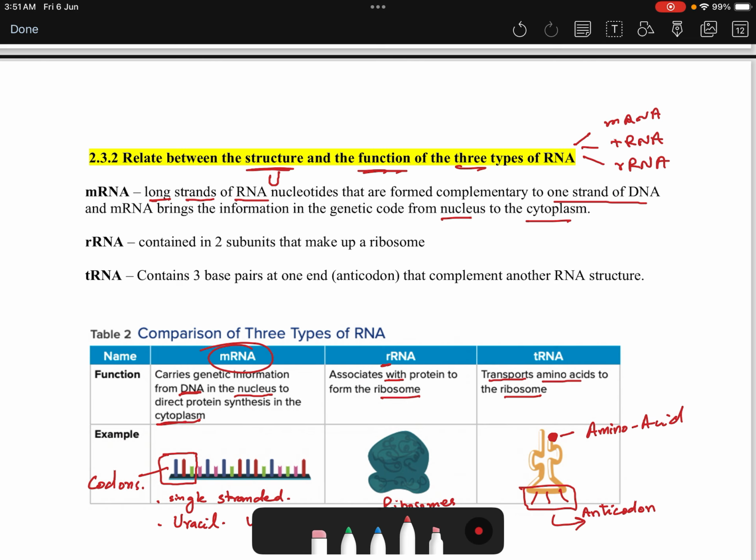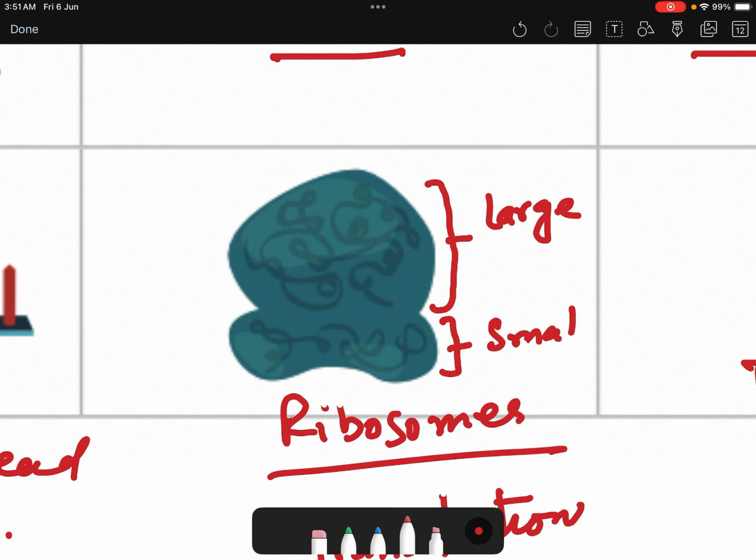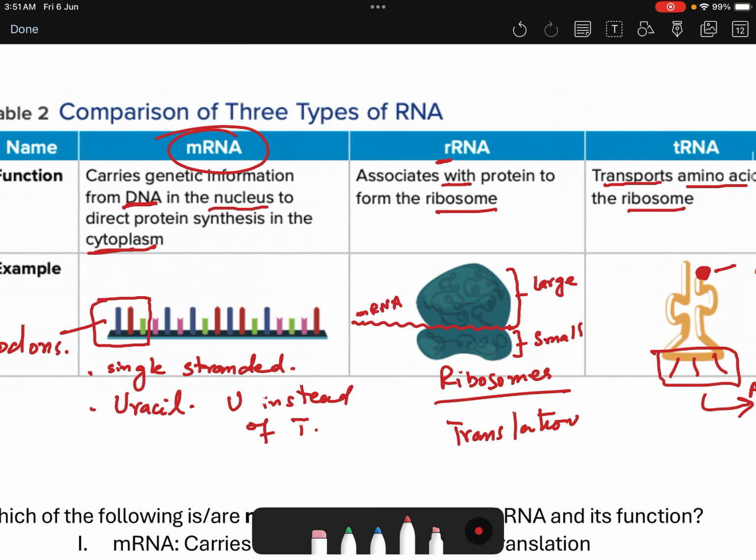rRNA contains two subunits. These subunits look like this. From here till here, this is a large subunit, and from here to here, this is a small subunit, and the mRNA fits in between these two subunits.